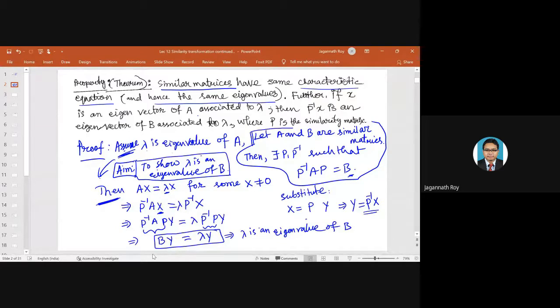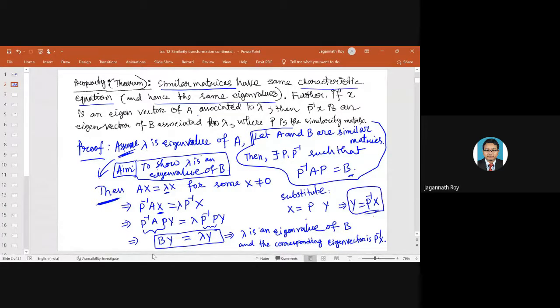Yes, I am telling you this eigenvector is different. The corresponding eigenvector is P inverse X, because here Y equals P inverse times X.